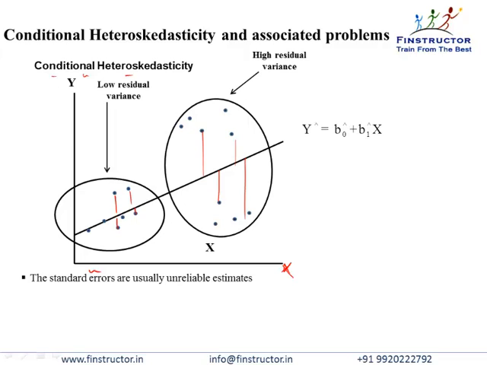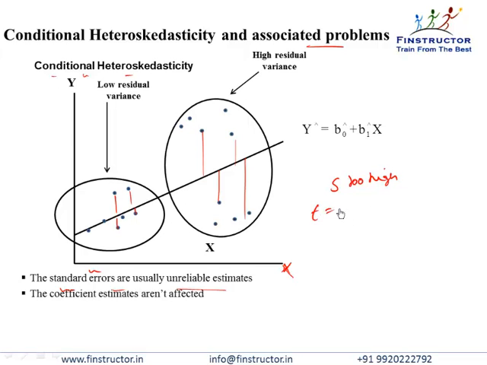Now, what happens if conditional heteroskedasticity is present, or what are the associated problems? The problem is that the standard errors of the regression coefficients become unreliable estimates. So the coefficients themselves are not affected, they are still properly estimated. However, the standard errors that go into the hypothesis testing of these coefficients become unreliable estimates. So what will happen if the standard error is overestimated, or if it is too high?